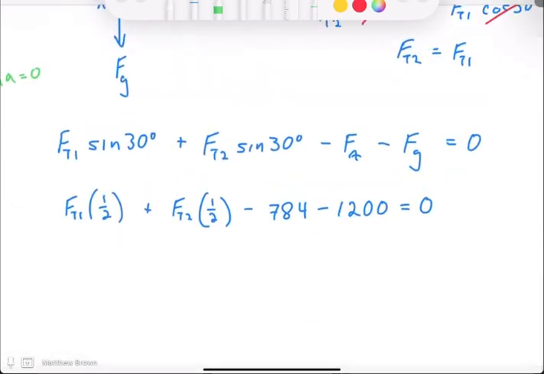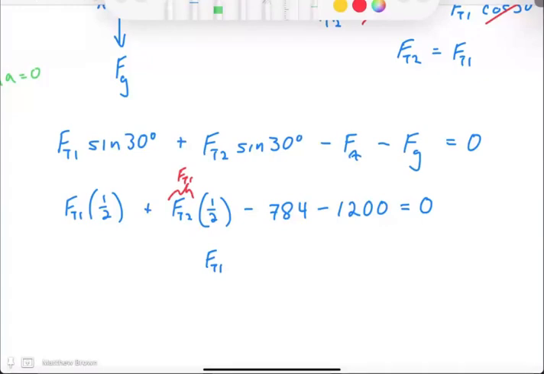They are equal, so I can replace this here with FT1. So I've got a half FT1 plus a half FT1, which just equals FT1.